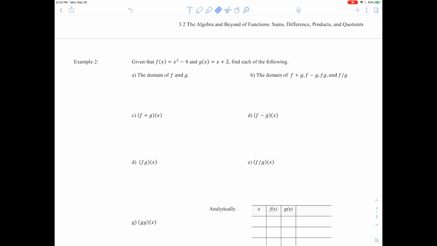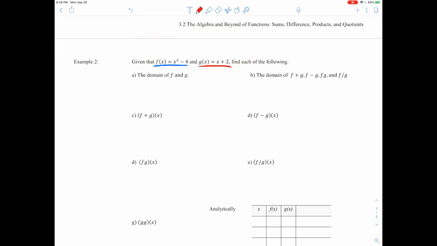So let's look at these two functions here. We have our f of x is this quadratic, x squared minus 4, and our g of x is this linear equation, x plus 2. So we're going to find each of the following.